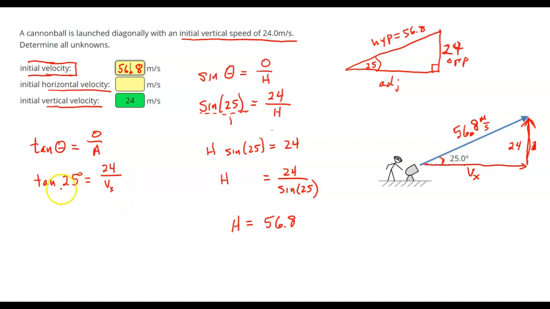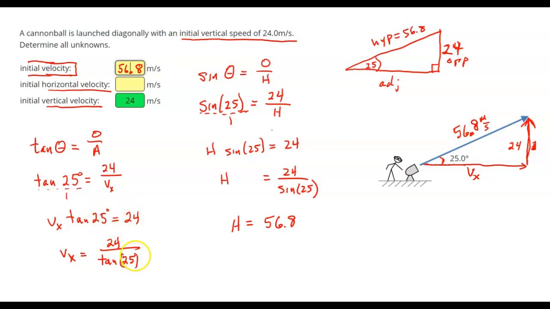Okay, so now, again, we think of this as being over 1. We cross multiply. You get Vx, velocity in the x direction or the horizontal direction, tan 25 equals 24. And then divide both sides by tan 25. So you get velocity in the x direction is 24 over tan 25.